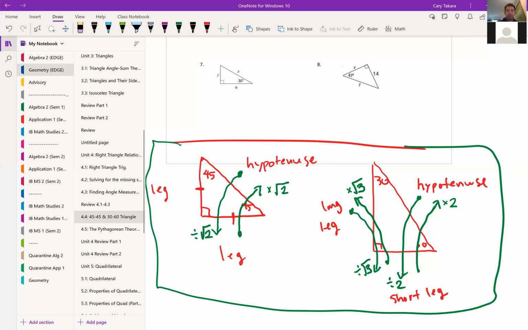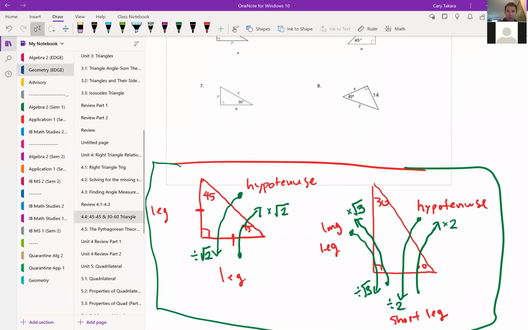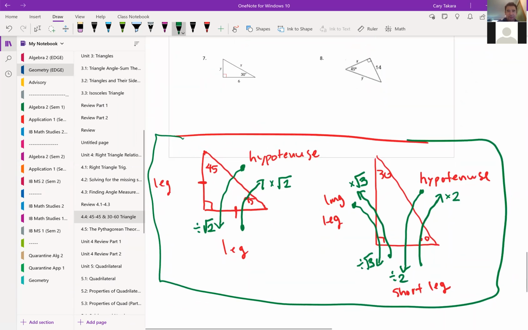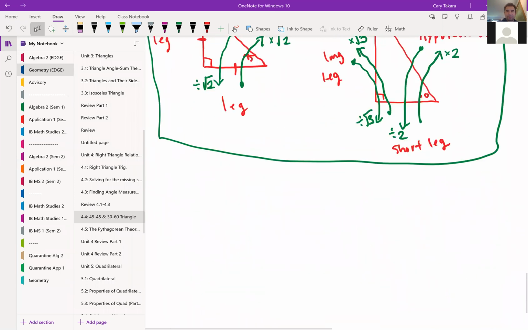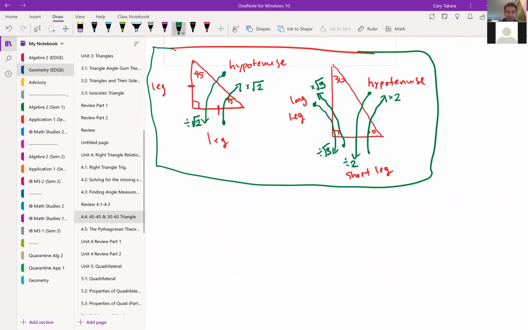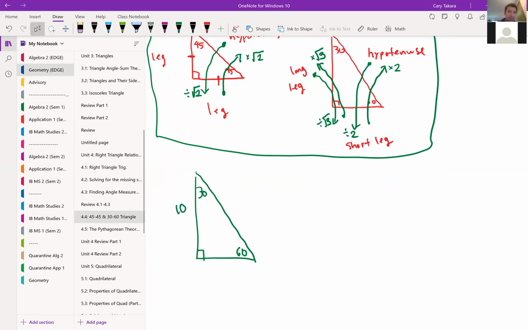For example, let's do one example here. Let's say this is 10. You want to figure out X and Y. That could well be your test question.